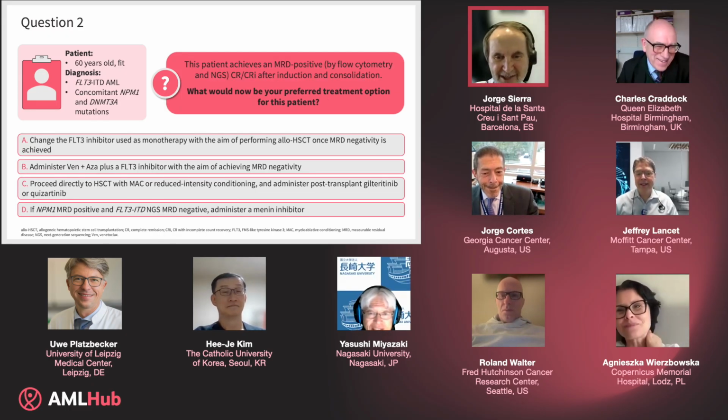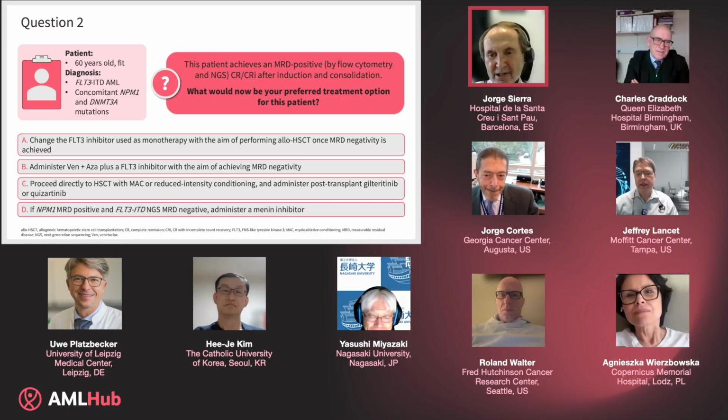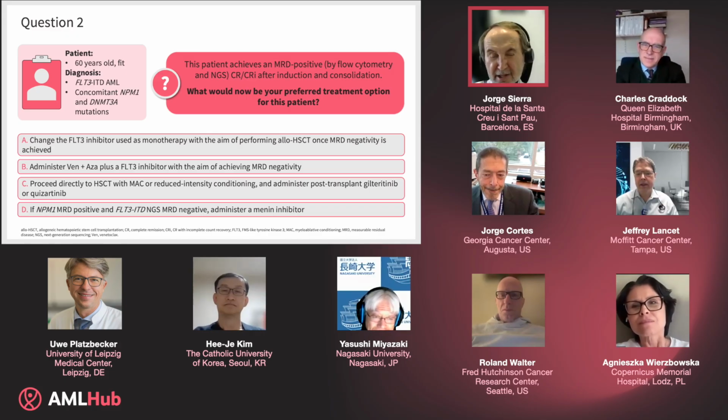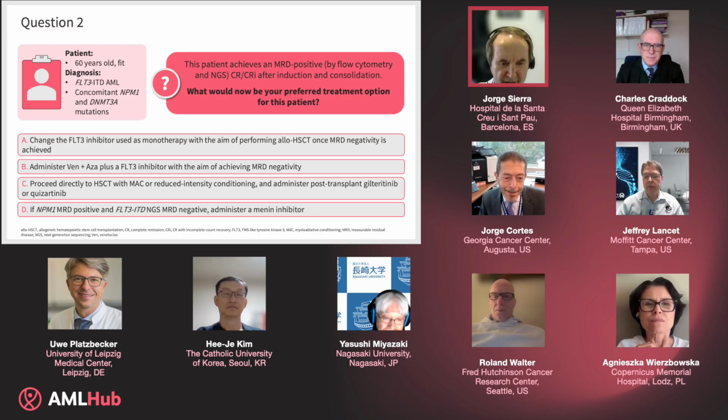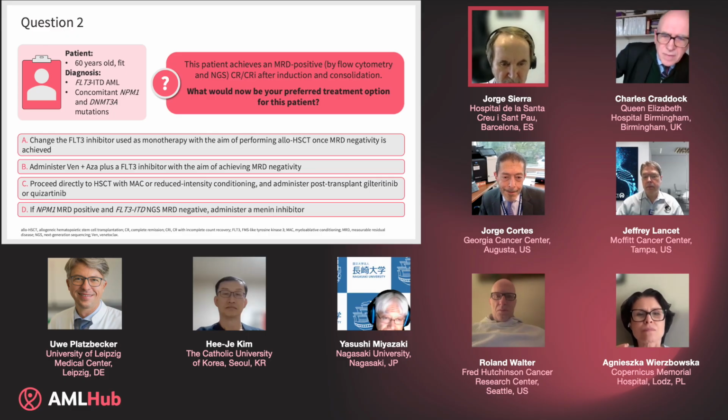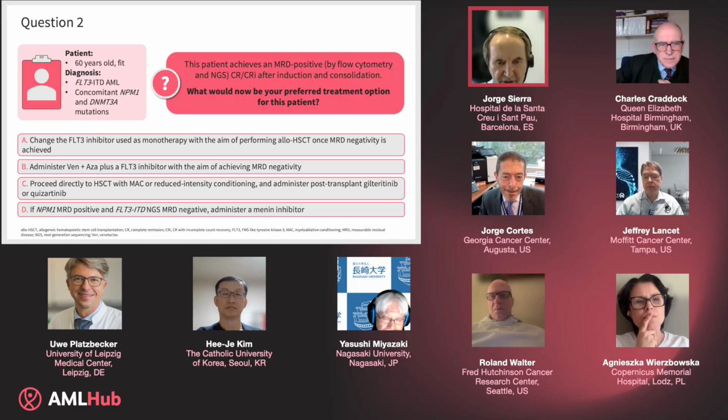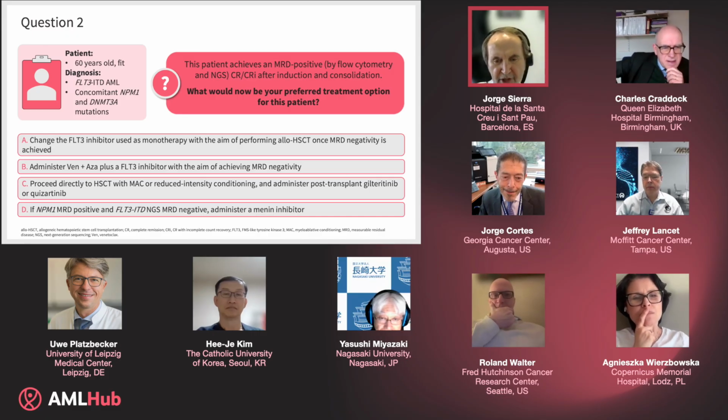Okay, that's good. So it is the same patient. The patient achieves an MRD-positive status by flow cytometry and NGS, CR/CRi after induction and consolidation. What would now be your preferred treatment option for this patient? So the patient is MRD positive in morphological CR/CRi. The options: A, change the FLT3 inhibitor, used as monotherapy with the aim of performing allo once MRD negativity is achieved.